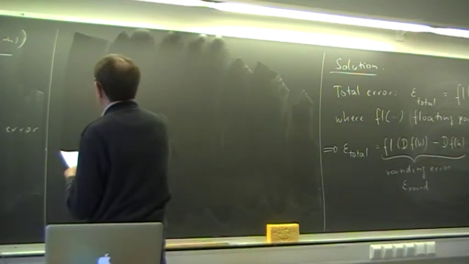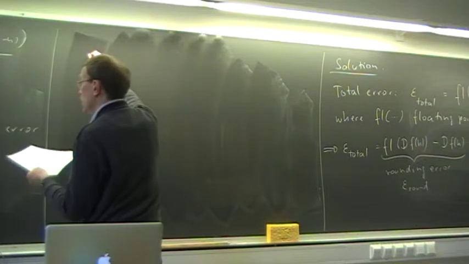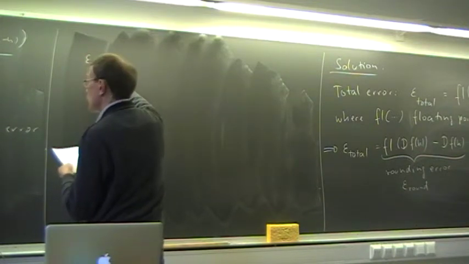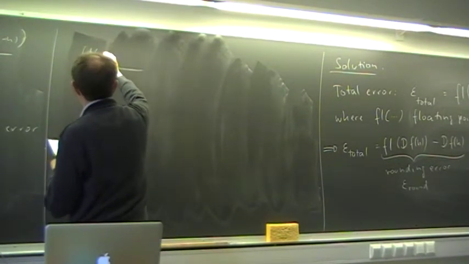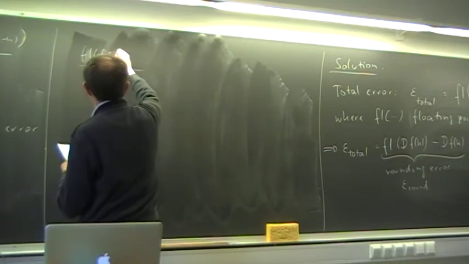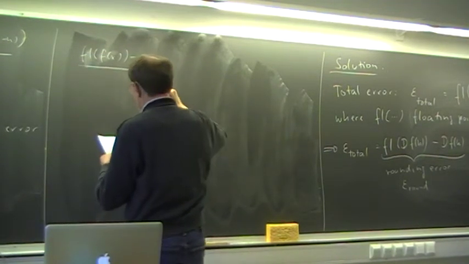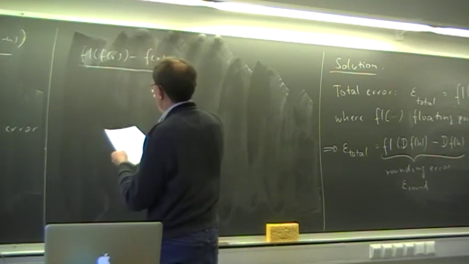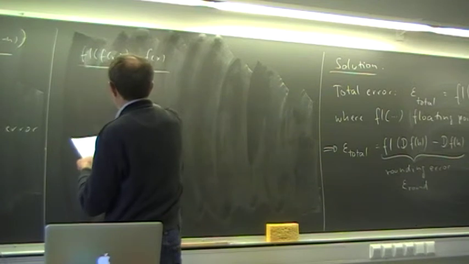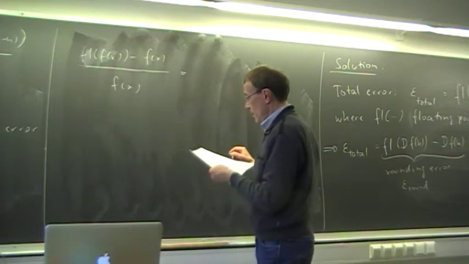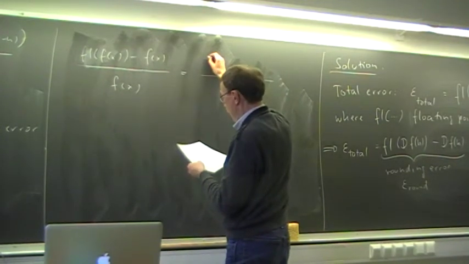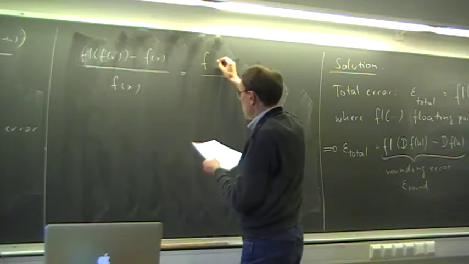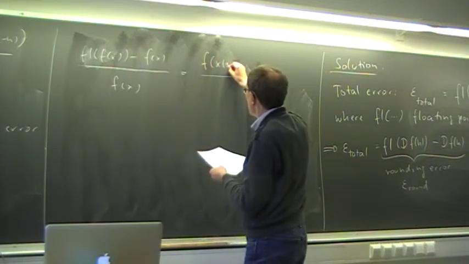Because we get the following. We have the epsilon. Let's see, we continue our discussion there. So the floating point of f of x minus the f of x, divided by f of x, we can write in the following way. We can say that is the function f that is evaluated not at x, but with some error.